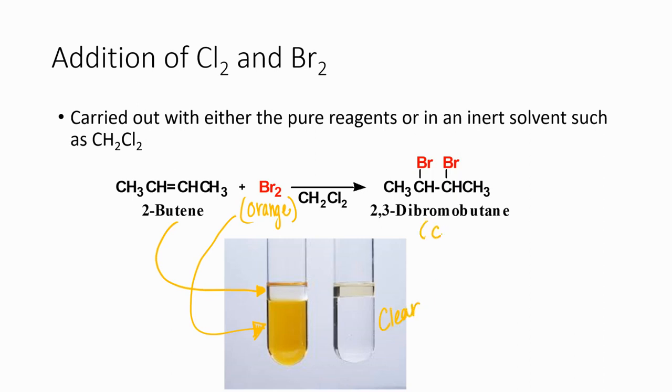And so your product will be clear after it's reacted all of the bromine water. Now, if it were to remain unchanged and your orange color were to remain, then you would know that your top layer contained an alkene. But if the color of your bromine water disappears and goes to clear, then you know that you, in fact, had an alkene in that top layer.